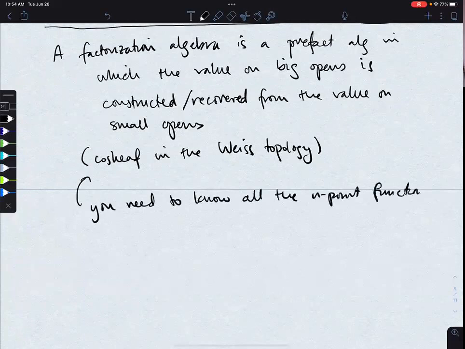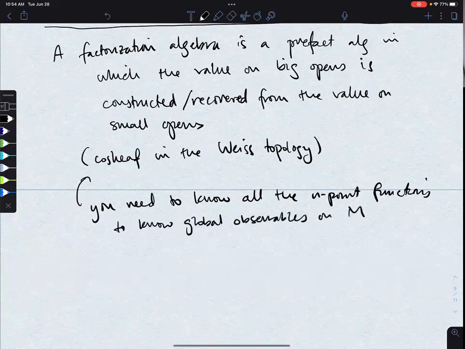Remember, F is supposed to be like the observables of the theory. You need to know all the endpoint functions to know the global observables. That's all this is saying conceptually. You just need to know the endpoint functions. That's exactly right.